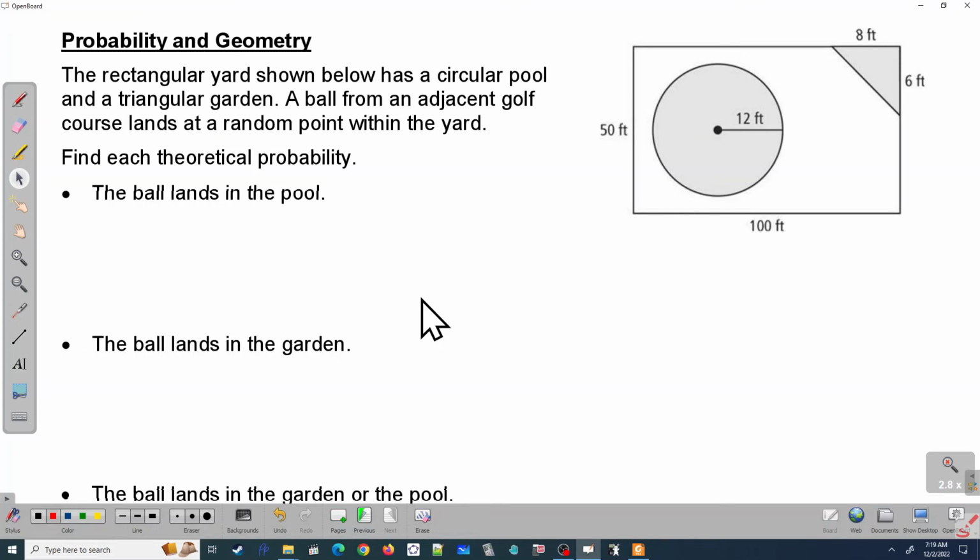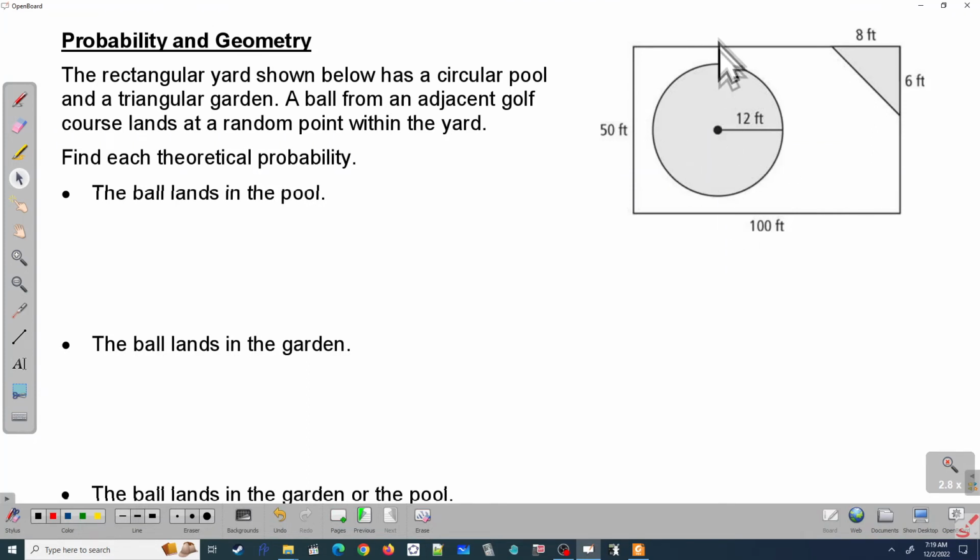We'll finish up our probability introduction lesson by looking at probability and geometry. And for our last examples, we're going to look at a rectangular yard that happens to be 50 feet by 100 feet. And that yard happens to have a circular pool, which emphasizes the phrase diagram not drawn to scale, because the pool supposedly has a 12-foot radius, which makes that 24-foot diameter.